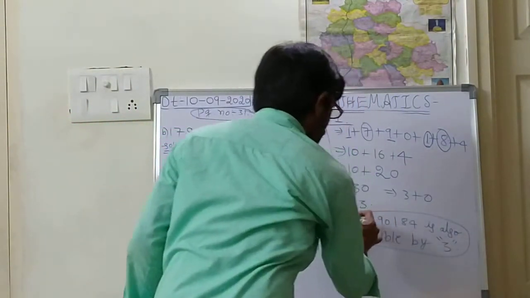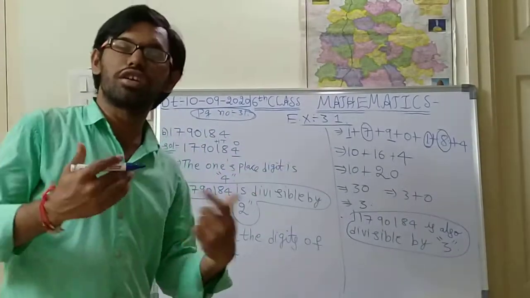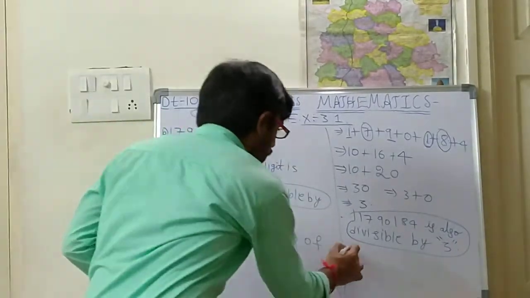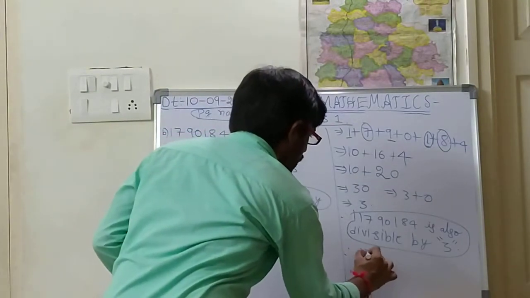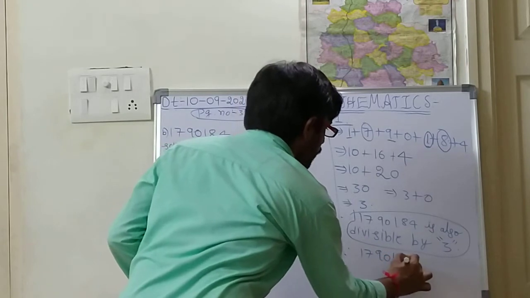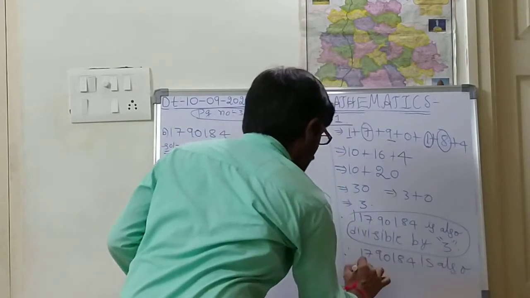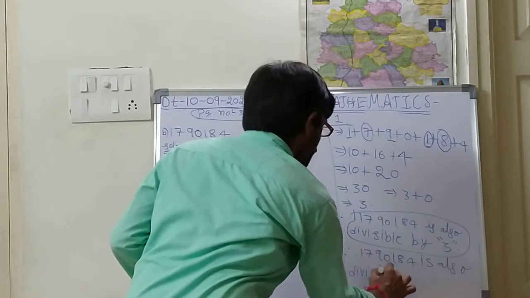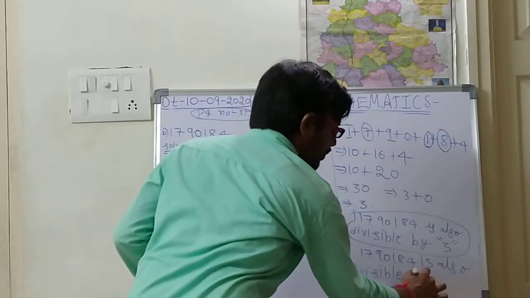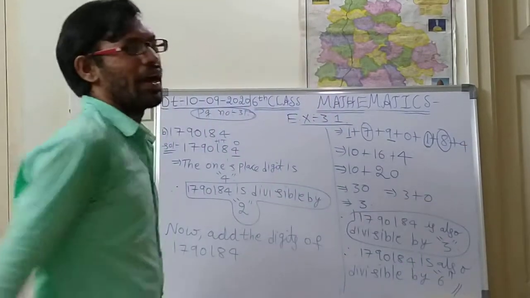If a number is divisible by both 2 and 3, that means the number is also divisible by 6. Therefore, finally what are you supposed to write? 1790184 is also divisible by 6. Like this you are supposed to end the answer.